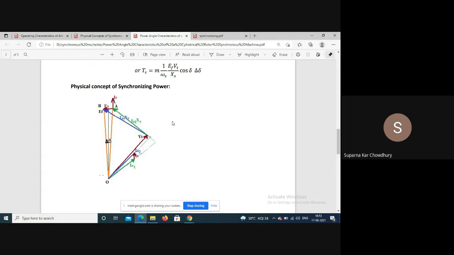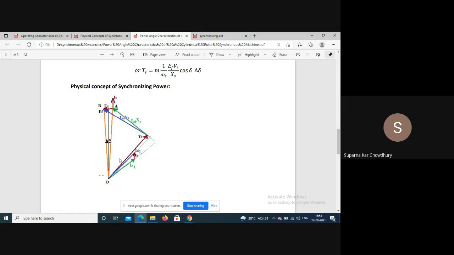Now due to some disturbance, say the rotor has slightly slowed down, and this EF will move so that this angle delta has increased. If the rotor slows down then it will fall back, because our field is on the rotor.